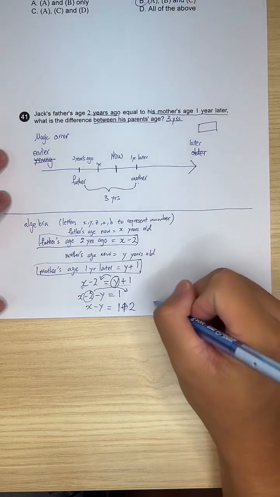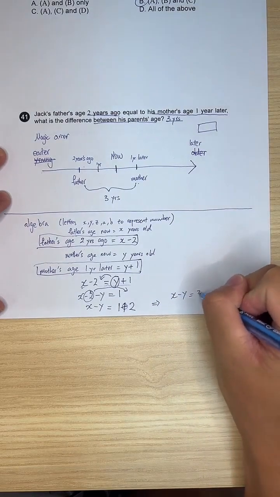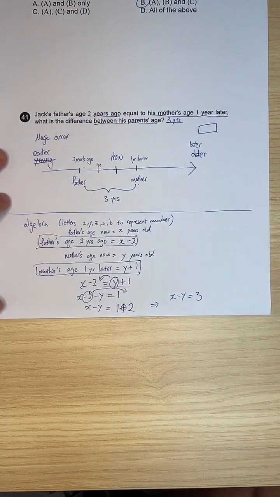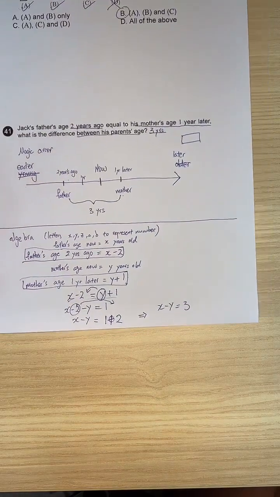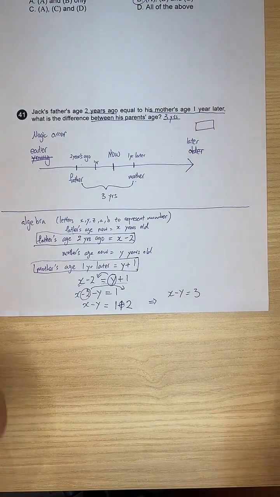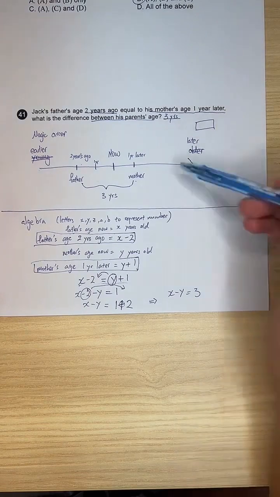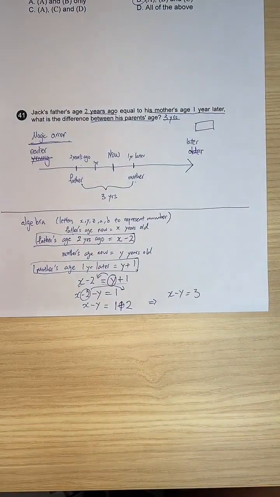So we know that X minus Y, the difference, is 3 years old. So this is using algebra to solve. If you don't know algebra, you never learned before, you can always use this magic arrow to solve the question.